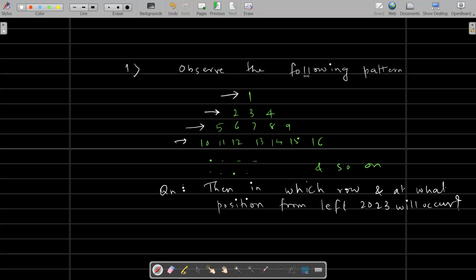Saket, you have to write in which row, the row number. Just check. The position is correct. The position is the last one you can calculate. The row I calculated before only. Am I correct? Yes.